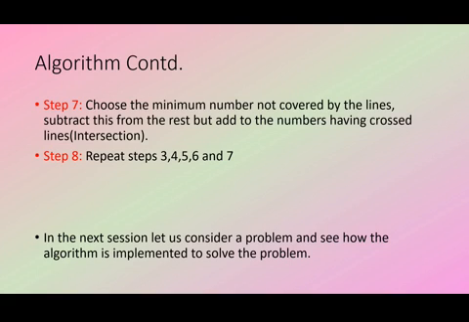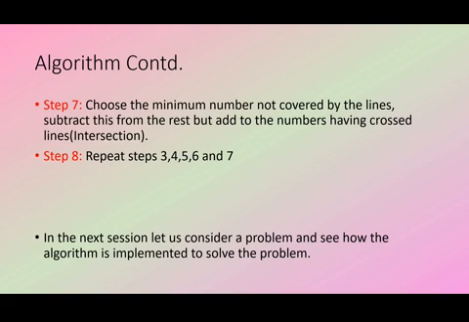And not only subtracting it from all uncovered elements, but this number has to be added to the point of intersection. Whenever we draw horizontal lines and vertical lines, there is an intersection of the horizontal and vertical lines.